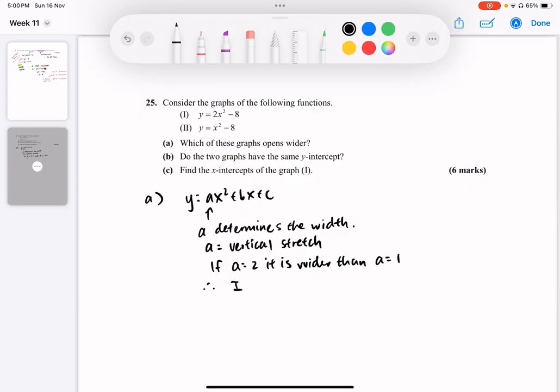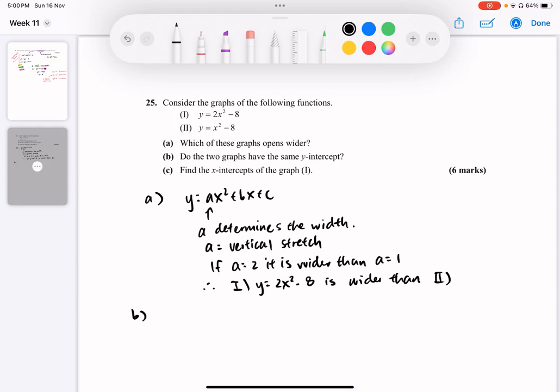Therefore, equation 1, just write it down, is wider than equation 2. So this is just definition.